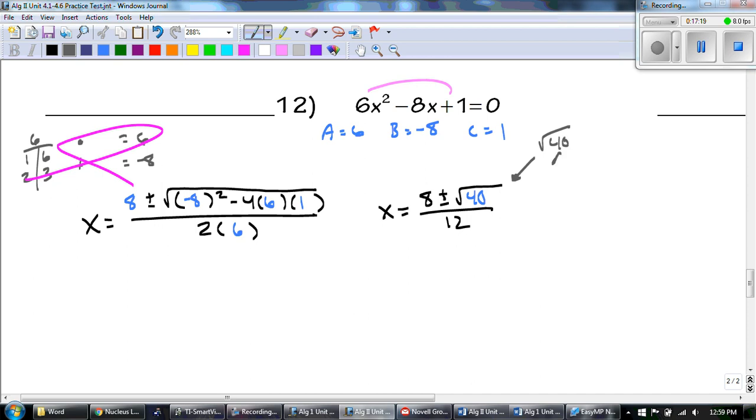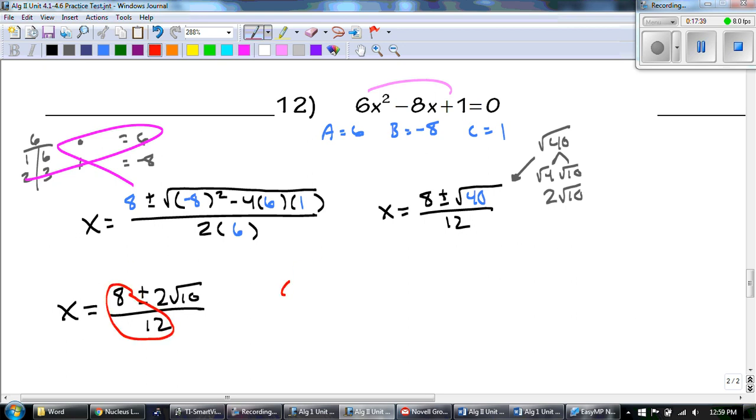The square root of 40 is just 4 times 10, and the square root of 4 is 2. So my next step: x equals 8 plus or minus 2 square root 10, all divided by 12.